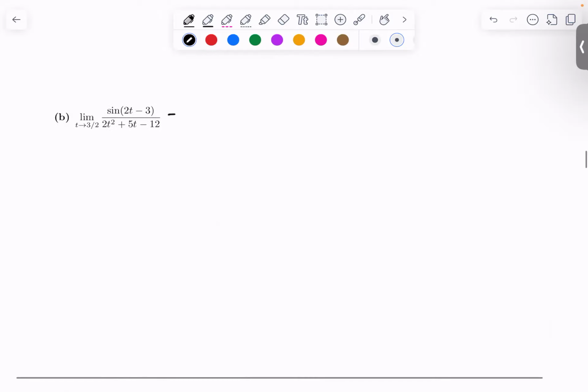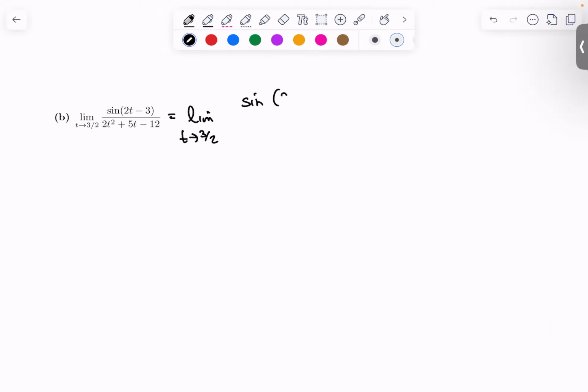This thing factors to the limit as t approaches 3/2 of sine of 2t minus 3 over 2t minus 3 times t plus 4. And 2t minus 3 goes to 0 as t goes to 3/2.